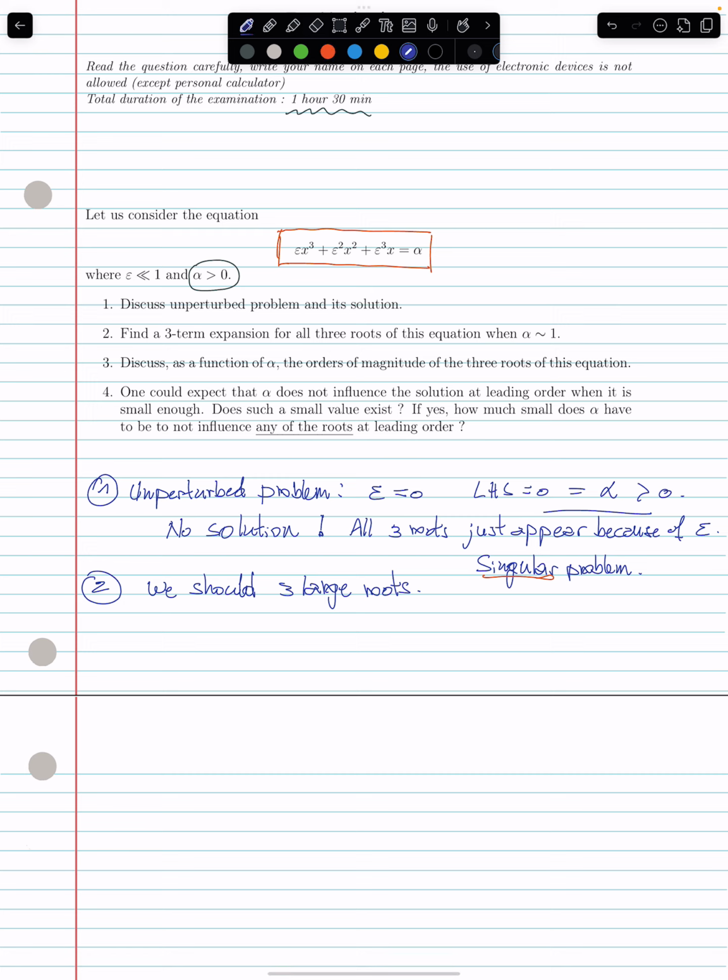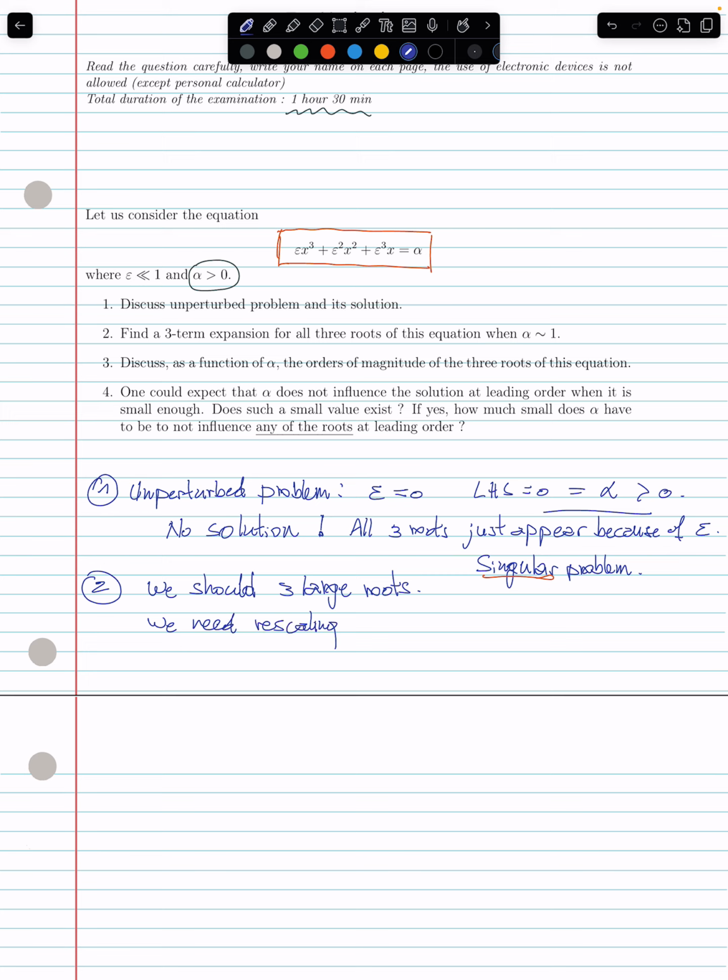All right, so we should expect 3 large roots, meaning that none of these roots can be captured starting from the original problem with a regular ansatz. We need a rescaling.